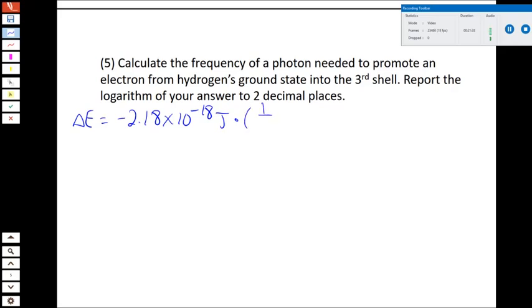Again, there's that z squared term, which is the number of protons, but all the calculations we'll ask you to do are for hydrogen, so you can just leave that z term out because it's 1. And so again, that's the delta E. That's the difference in energy between these two. So remember that ground state tells us that we're starting with n equals 1.